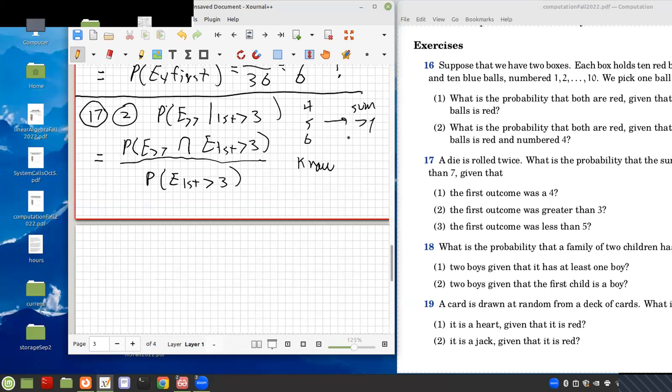For example, these would include events like 4 and 5, 3 and 6, say 2, and lots more in that way also.